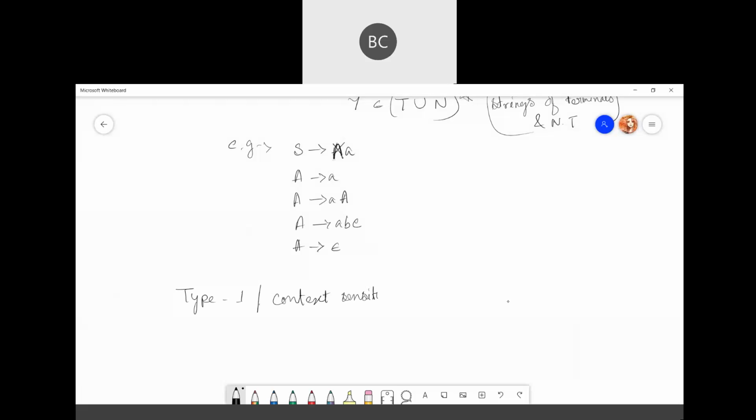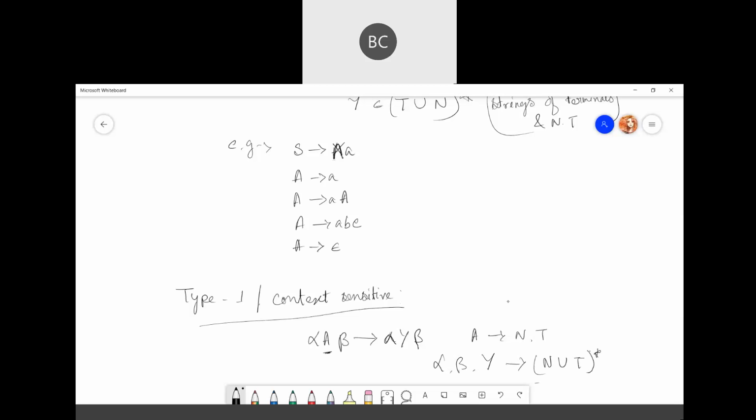Here the production must be in the form alpha A beta goes to alpha Y beta. Here A is your non-terminal, and alpha, beta, Y, everything can be a string of non-terminals and terminals.